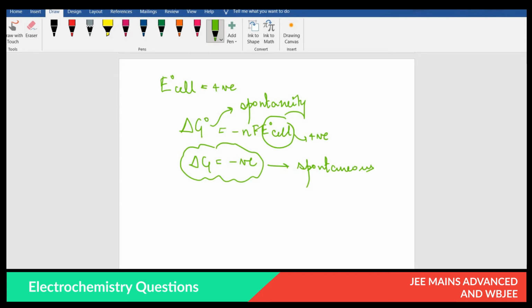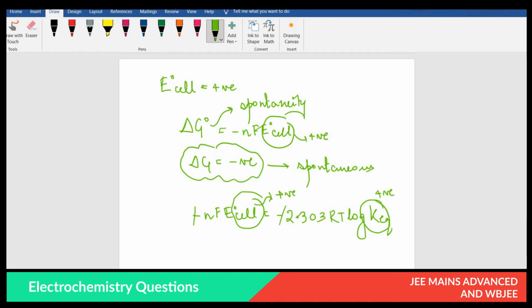Now coming to K equilibrium, the equilibrium constant. How is E0 cell related to it? We know minus NF E0 cell is equal to minus 2.303 RT log K equilibrium, right? So if we cancel out the minus from both sides, if E0 cell is positive, then log K equilibrium should also be positive, right?